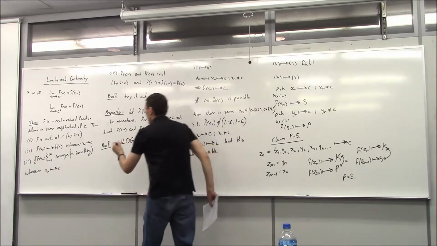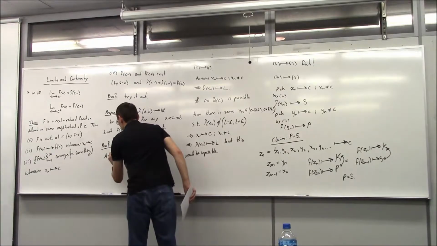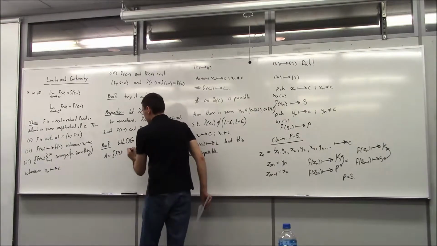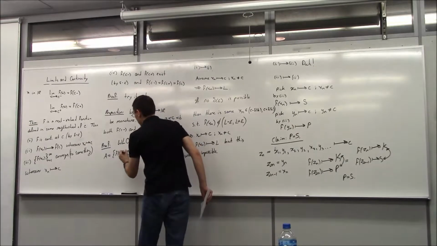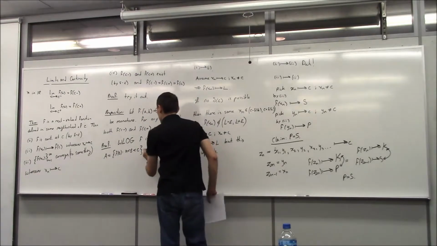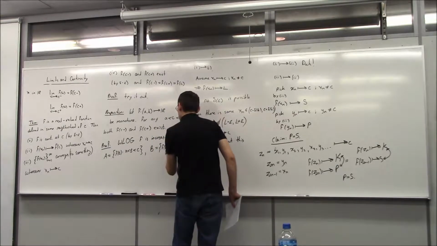So we consider the set A to be the set of all f of t such that t is less than c and bigger than a. That's my set A. And I will also consider the set B, which will be the set of all f of t such that c is smaller than t and t is smaller than b.